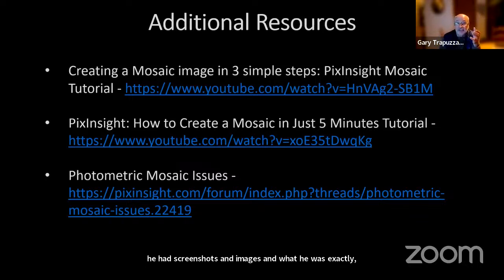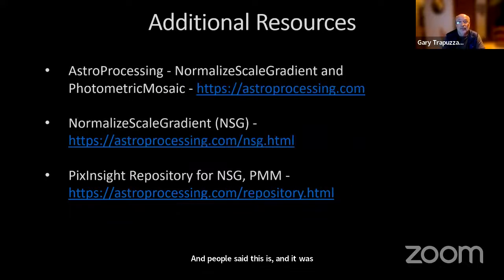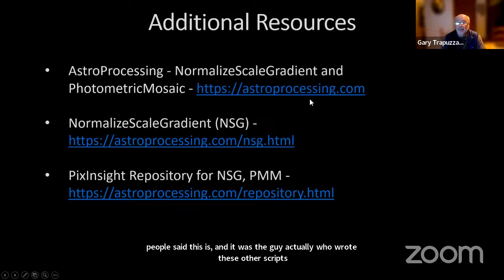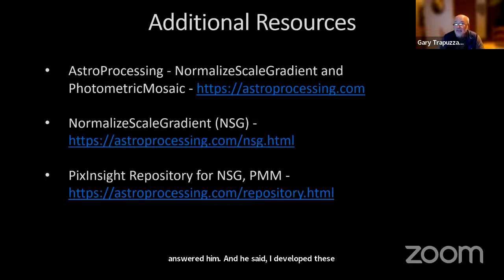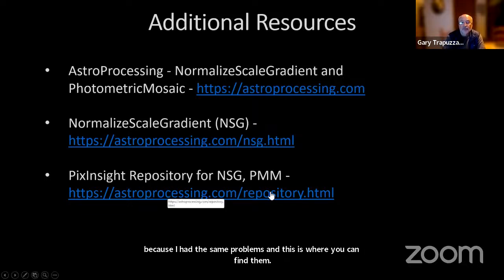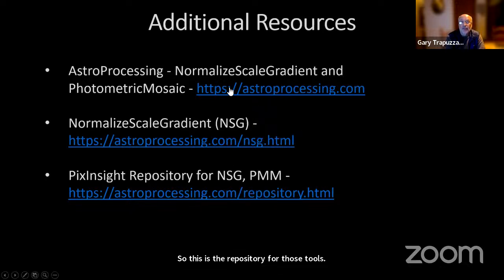And it was the guy who actually wrote these scripts who answered him. He said, I developed these tools because I had the same problems, and this is where you can find them. So this is the repository for those tools. They're all from the same website, as you can see, and this website is by the guy who wrote them. So it's fairly useful stuff.